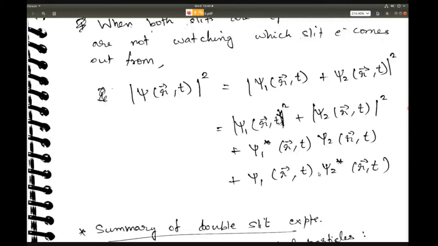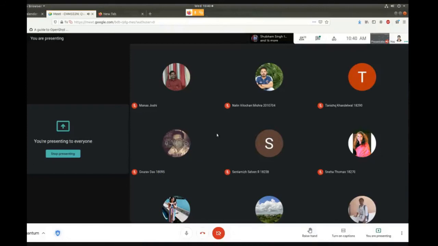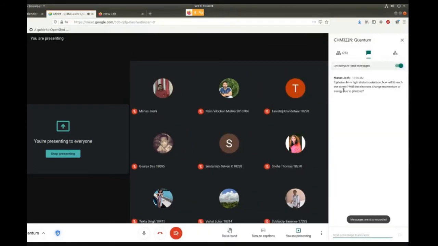So I have one question for you, which you can find out. Okay, someone has asked, if photon from light disturbs electron, how will it reach the screen? Will the electron change momentum or energy? Exactly, that's what will happen.